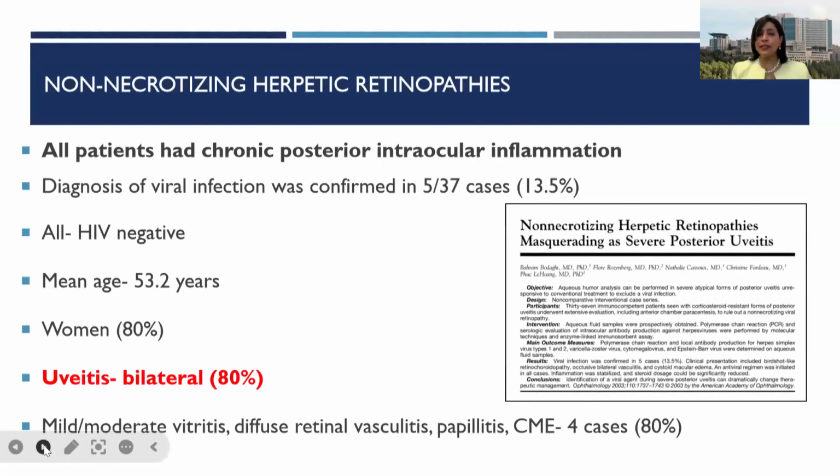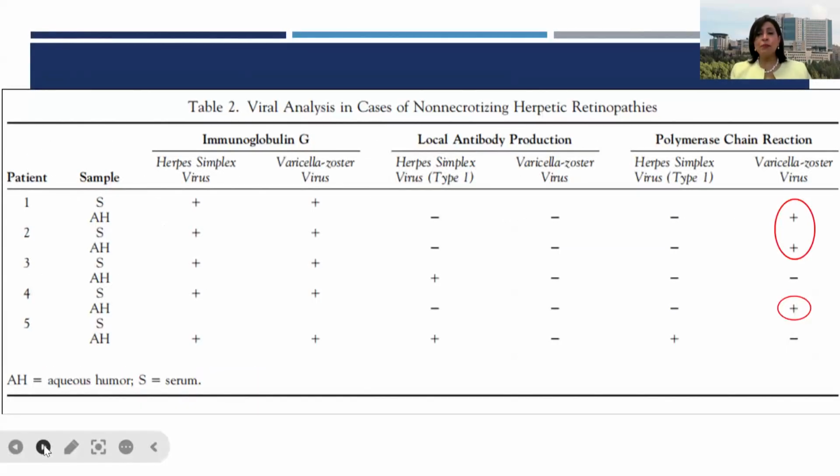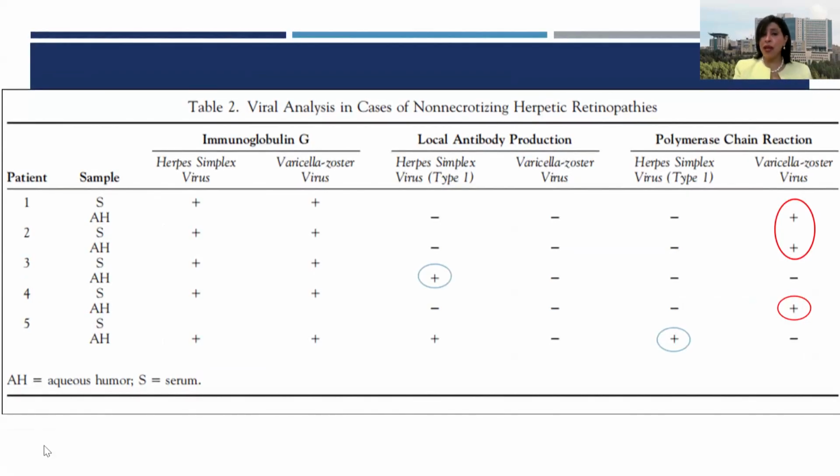They were immunocompetent individuals, HIV negative, and in 4 out of the 5 cases, it was a bilateral disease. The phenotype of the disease was mild to moderate vitritis with diffuse retinal vasculitis, papillitis, and CME. The PCR revealed positive VZV genome in 3 patients, HSV1 in 1 patient, and HSV1 was diagnosed by local antibody production in the 5th patient.